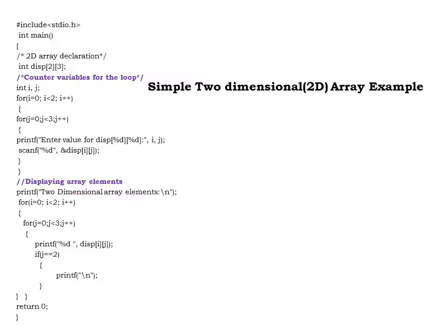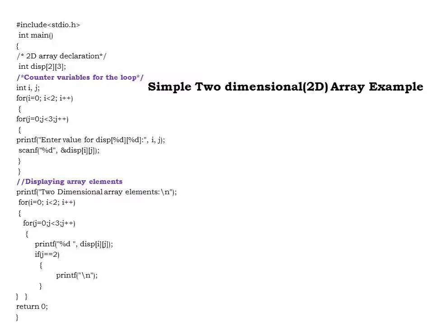So we have the counter variables i and j. The 2 for loops take care of reading the values from the user and storing them into their respective positions. So we have the outer for loop which is set to i equal to 0, i is less than 2, i plus plus.